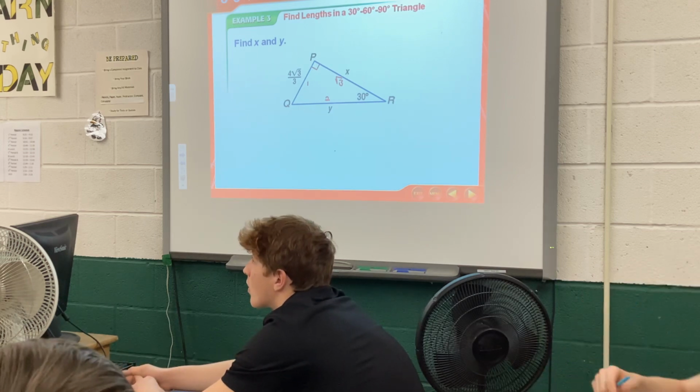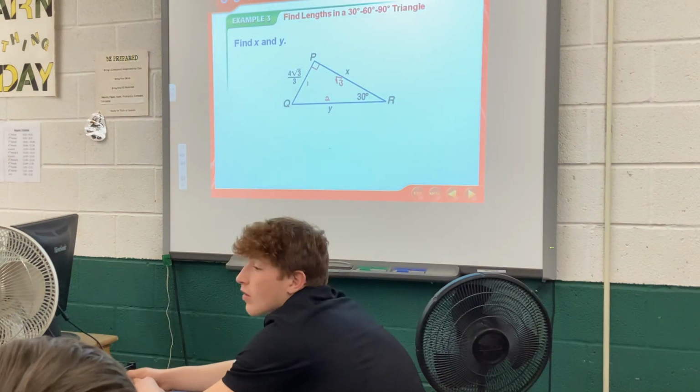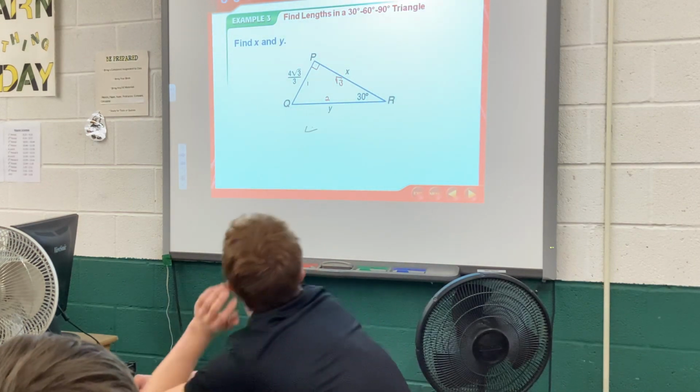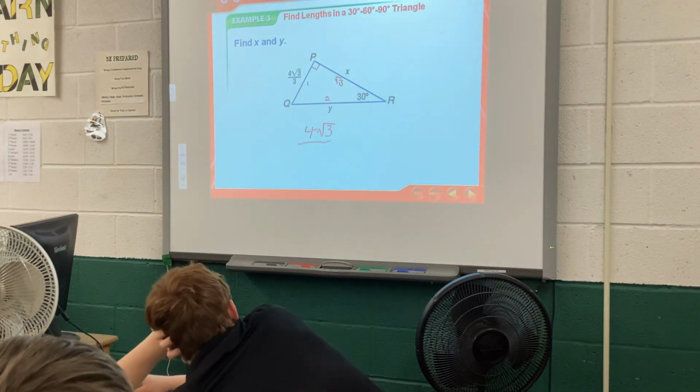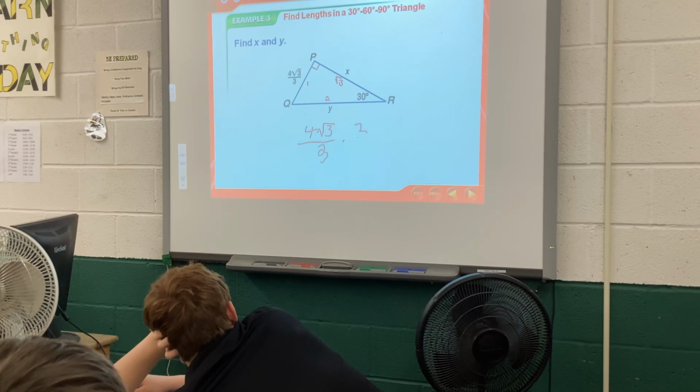Don't multiply by the inside. You can only multiply by the outside, right? So we'd have 4 square root of 3 over 3 times 2. So we'd have what? 8 square root of 3 over 3. Everybody agree?